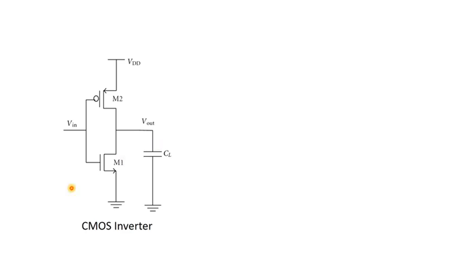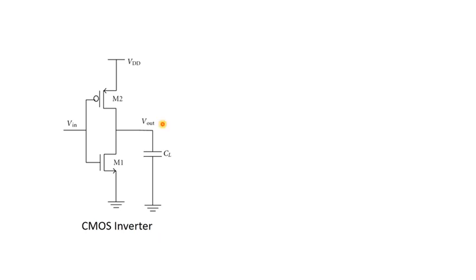However, this will not happen in the case of the CMOS inverter, because in the CMOS inverter, when this V input is high, only this NMOS is on, and this PMOS is completely off. So there is only the discharging current, no current from this VDD. This adds another benefit for the CMOS inverter.